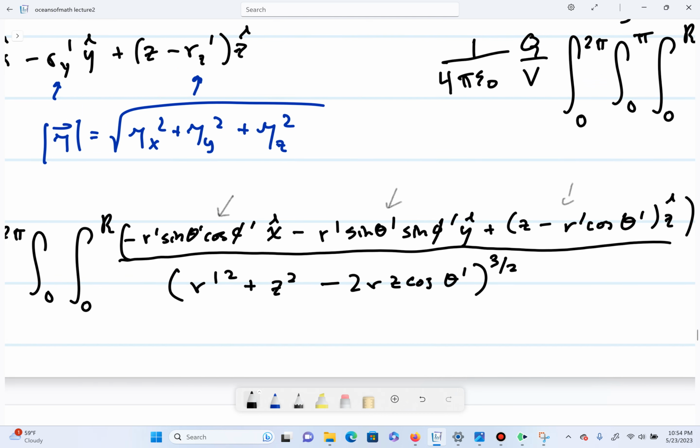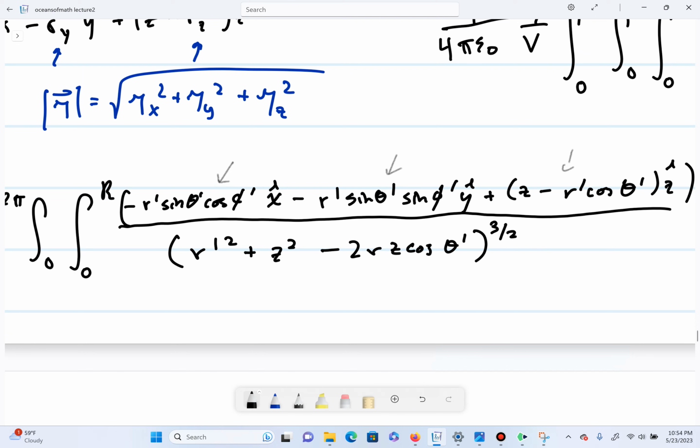And hopefully I'm correct about that. Let me know if I'm not in the comments, but I'm almost positive that's the correct expansion.